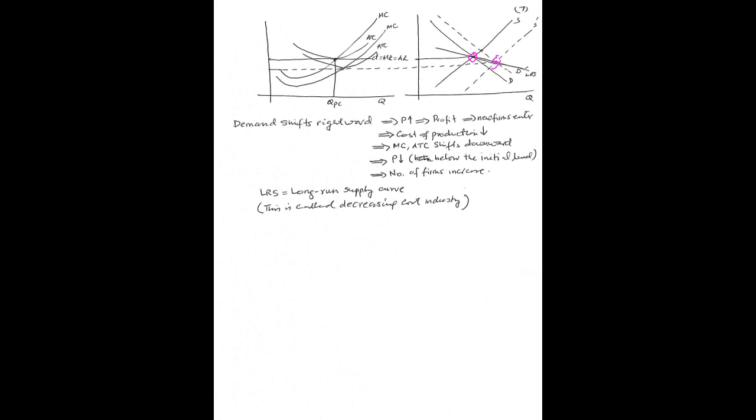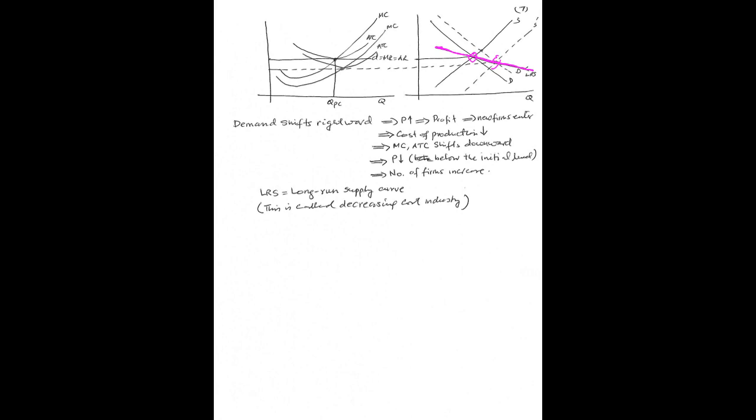So the long run supply curve is a downward sloping supply curve. What does this mean? It means as demand increases and there is more production, new firms will enter this industry, and suppliers are willing to supply more even if prices are decreasing. That is, if price decreases, you have more supply. Why? Because of the nature of the product, if they produce more, their cost of production will be lower. And that is why they are producing more and supplying more.